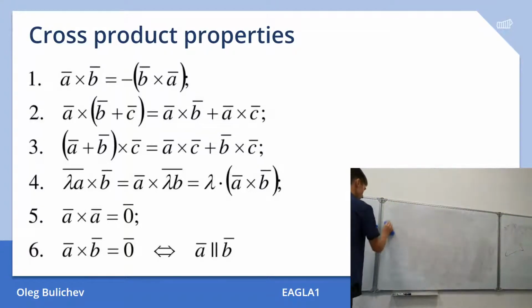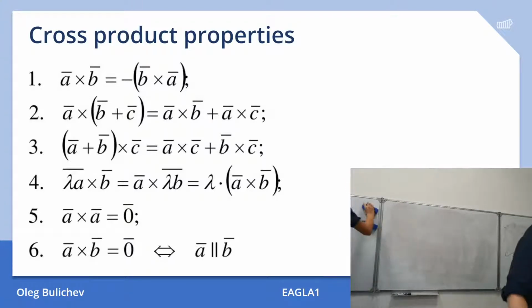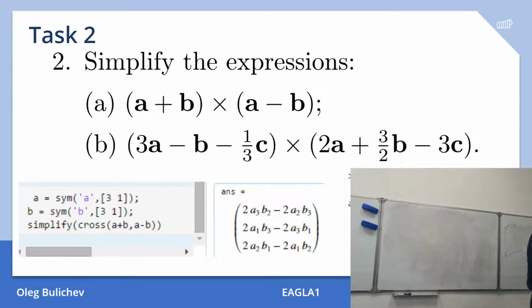So, what is our first goal for this test? What properties do we need to use?